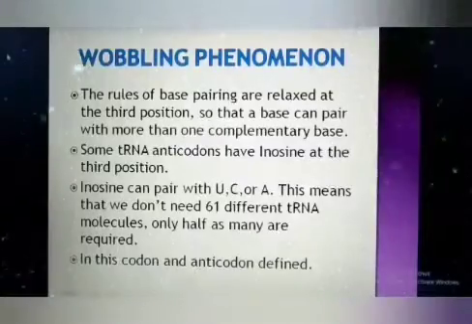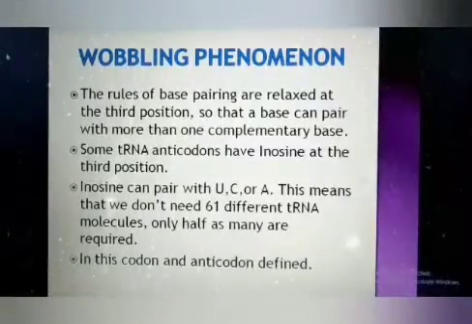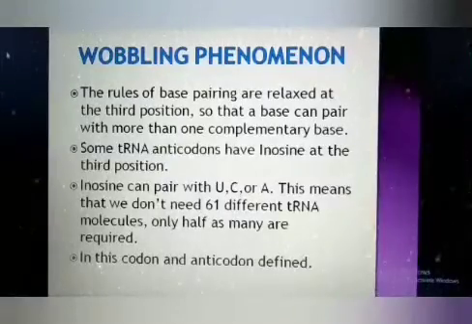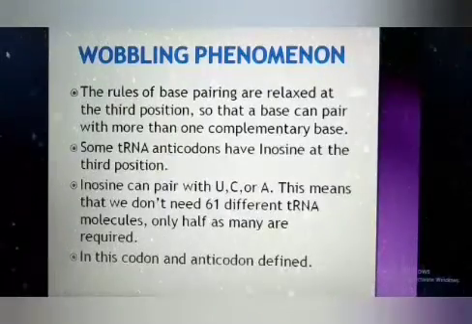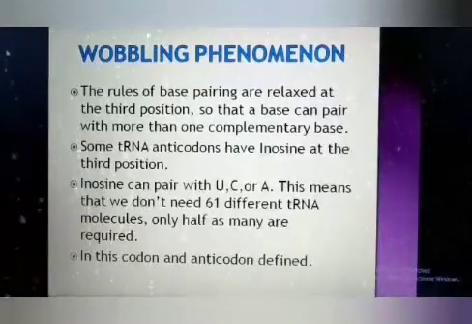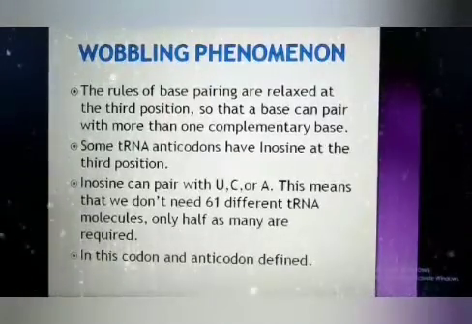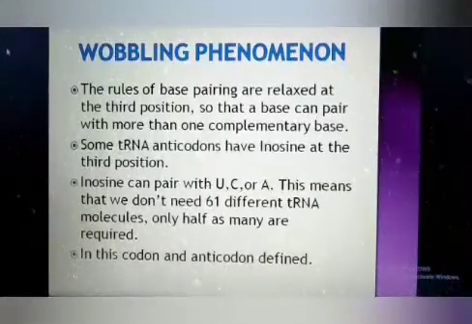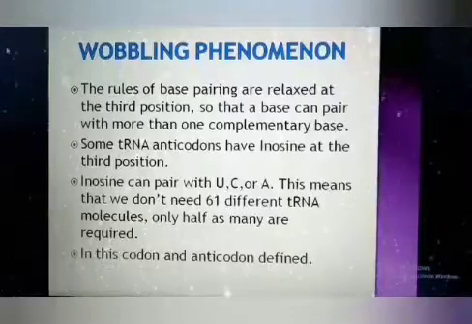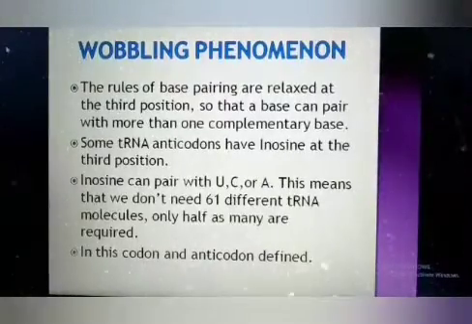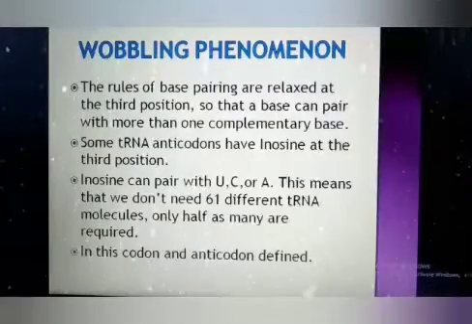Next is the wobble phenomenon. The wobble phenomenon says that the rules of base pairing are relaxed at the third position, so that a base can pair with more than one complementary base. Some tRNA anticodons have inosine at the third position.